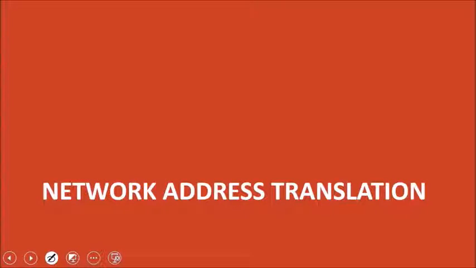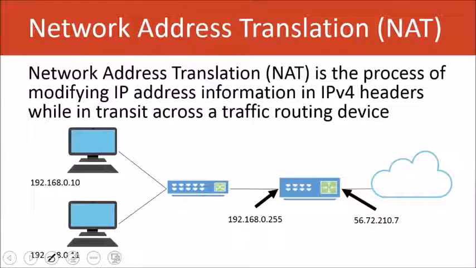Network address translation. Let's go ahead and move on and talk about how public and private addresses really function and how they work out in the open, out in the wild, if you will, right? Network address translation is simply the process of modifying IP addresses while in transit across a traffic routing device. So what happens here is that we might have computer 1 send information to a switch.